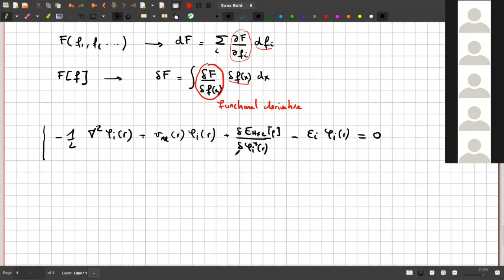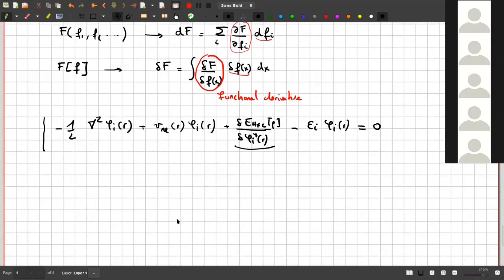Now, we need to have a more explicit expression for this derivative. And for this, we need yet another rule, the chain rule, that I will give you. And again, I will use the analogy with functions of several variables.